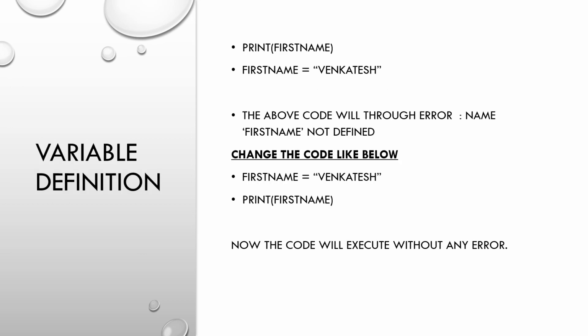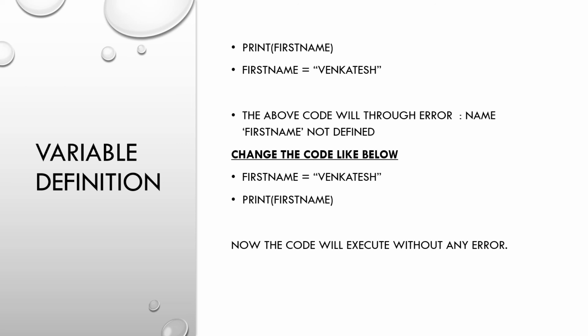So we have studied what variables are and how they are assigned. Here are two examples that I have: one, how to define a variable wrongly, and another, how to define a variable correctly. In the first example, I am printing the first name, and then I am assigning first name equal to Venkatesh.